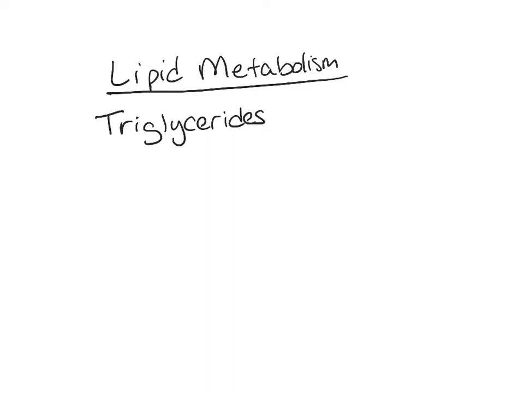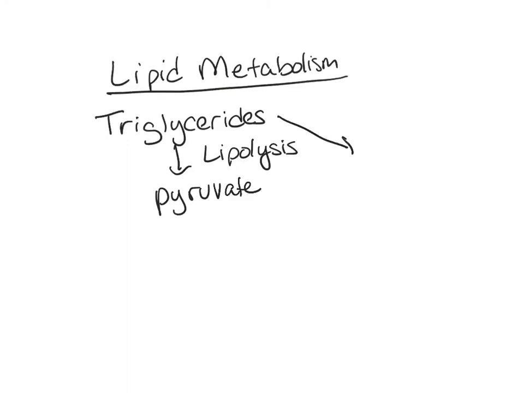So lipids, like triglycerides, will go through the process of lipolysis to produce ATP. They will either get broken down into pyruvate, or they will get broken down directly into acetyl-CoA.